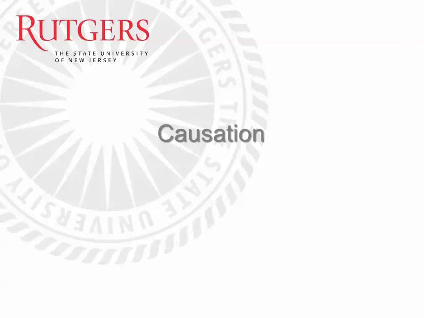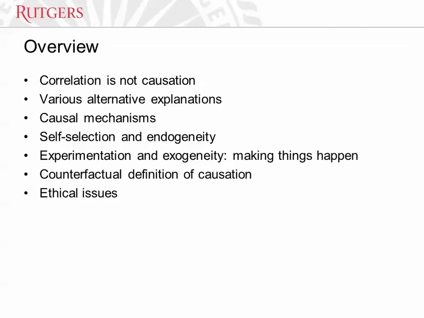And then in later weeks, we'll look at the particular types of studies that researchers use to probe cause and effect relationships. So here's an overview of the ideas for this week. We're going to talk about how correlation is not causation and understanding that difference.